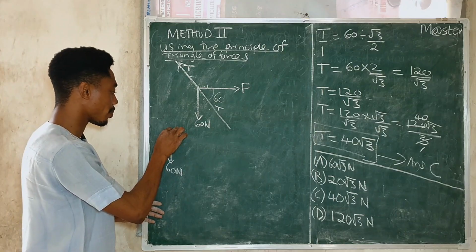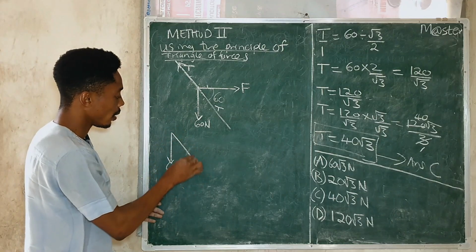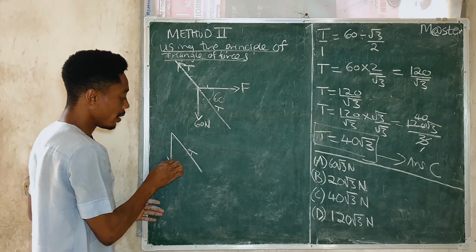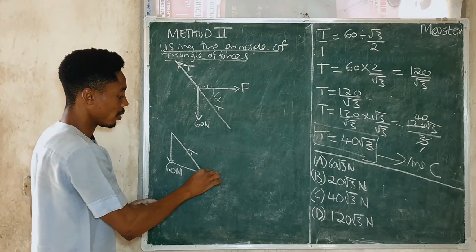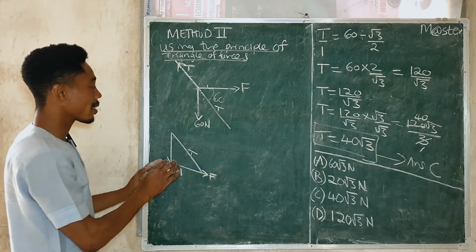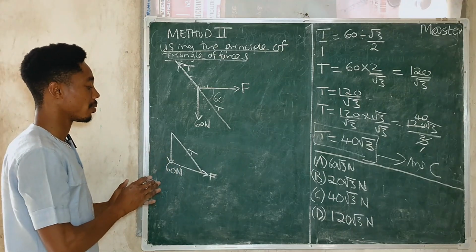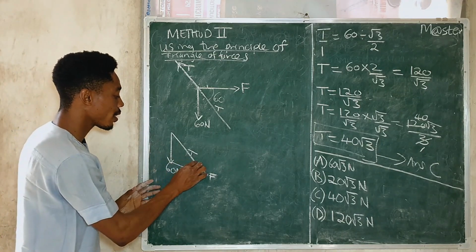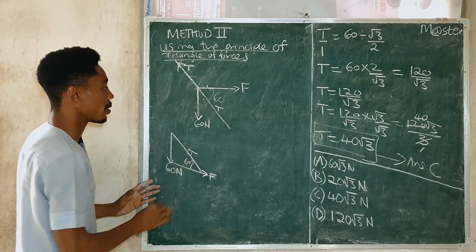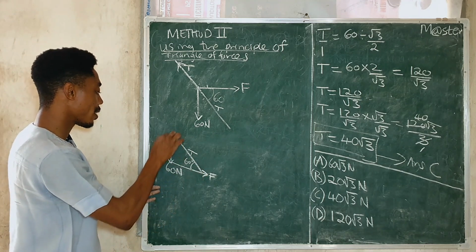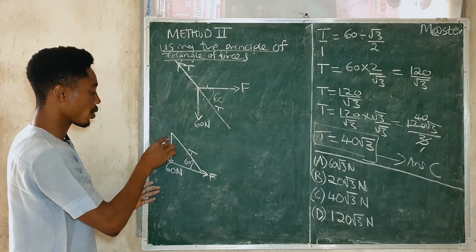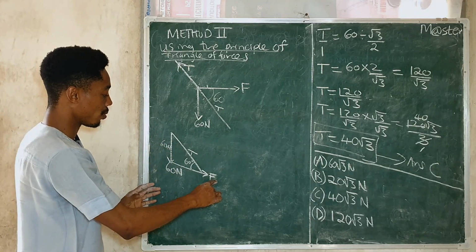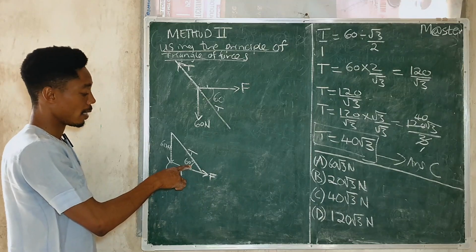So I can say this is my T and then my F is acting in this direction. This is my F. So you can see that we have a triangle. And if you look at this critically, you will notice that this is 60 degrees. You notice that this magnitude is, of course, 60 Newton. This is my F, and then I'm to find T.